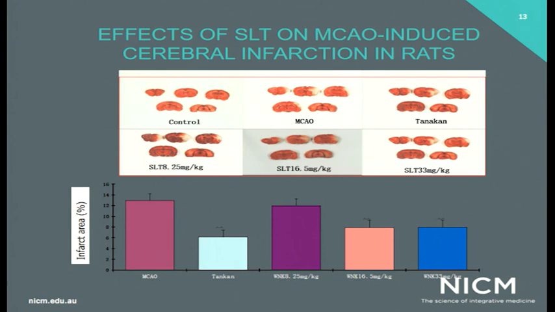For example, this is the so-called middle cerebral artery occlusion model in rats. We show that the formula, which used to be called WNK and is now called SLT, at both medium and high dose compared to control significantly reduced the infarct area in the brains of the rats.